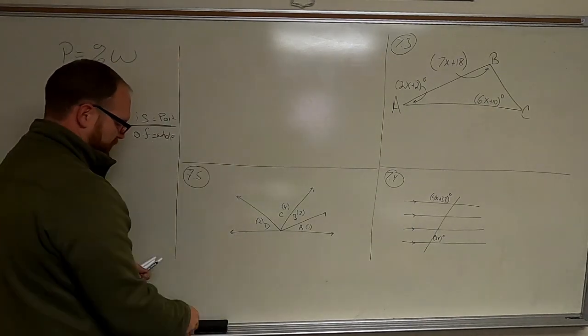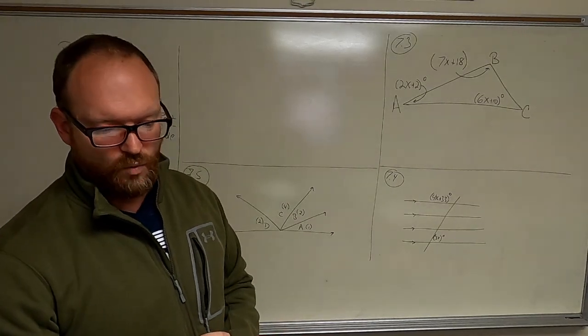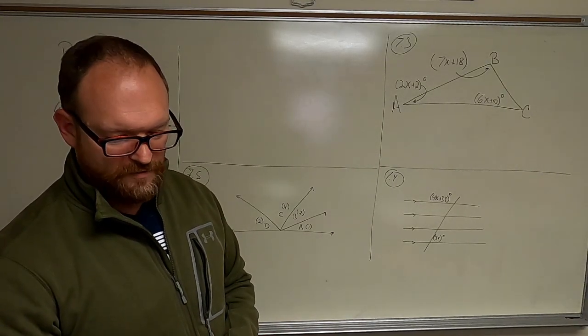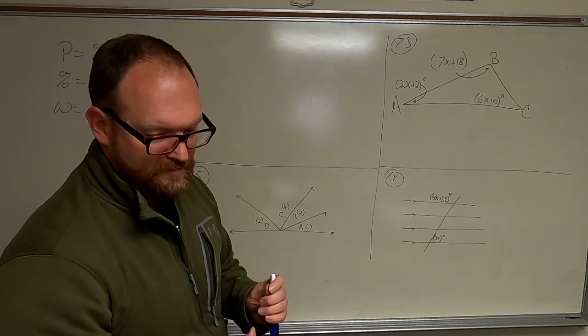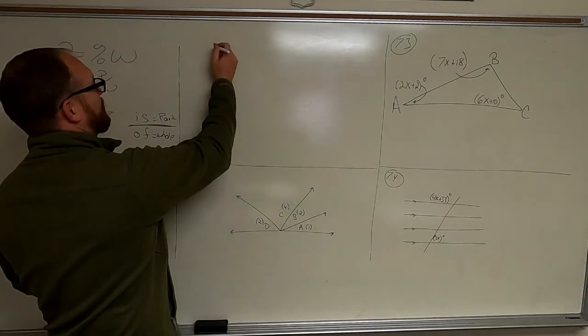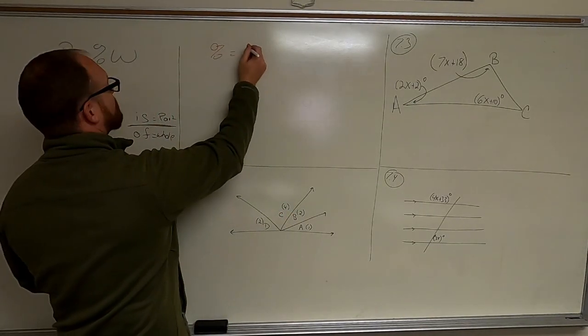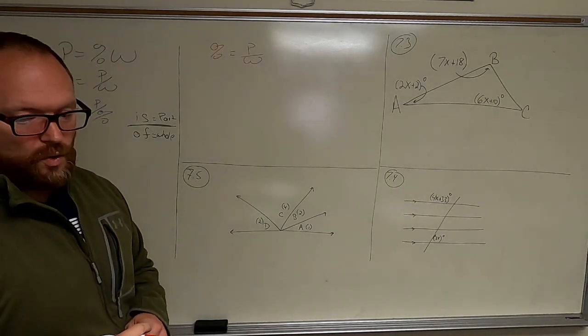It works the same way in 7.2. 1500 is what percent of 250? So 1500 is what percent of 250? Again, we're looking for what percent. So we know we're going to have the formula percent equals part divided by the whole.